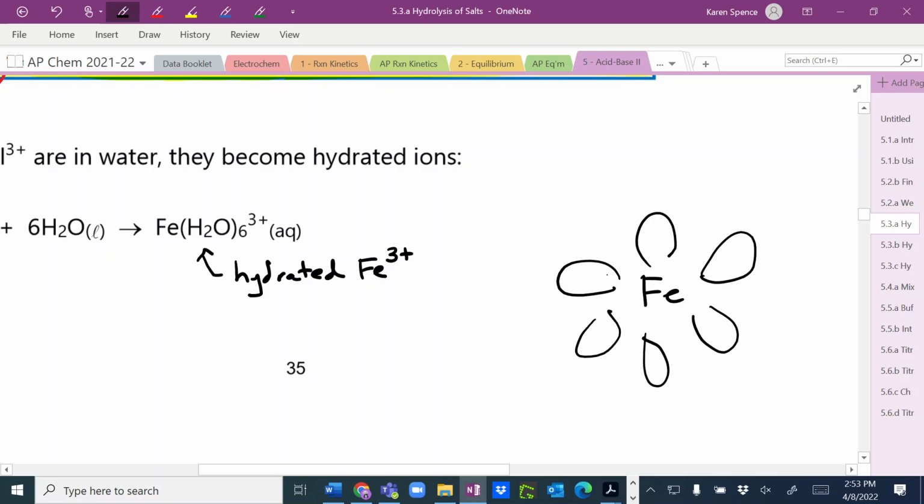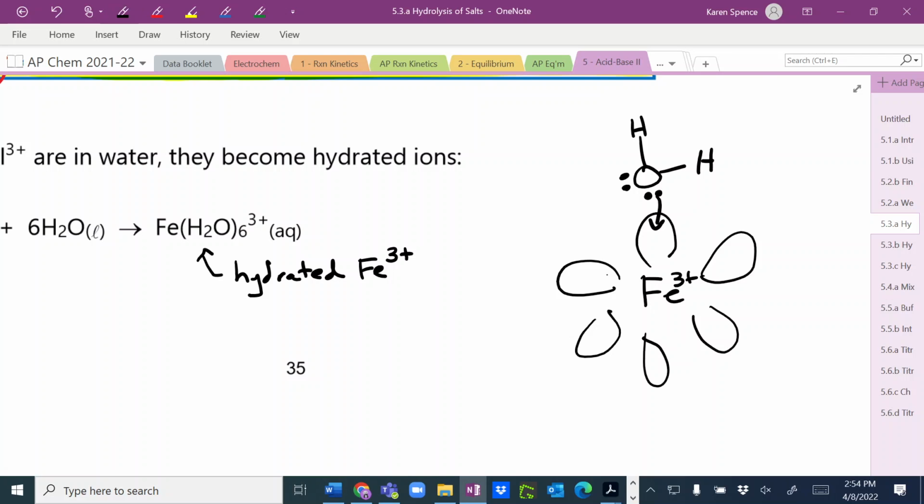And water comes along and says, oh, I have a lone pair that would love to slot in there because then it will be close to a 3 plus charge. Yes? Okay, and so you end up with, it's called a dative covalent bond. You don't need to know that, so I don't even know why I mentioned it.